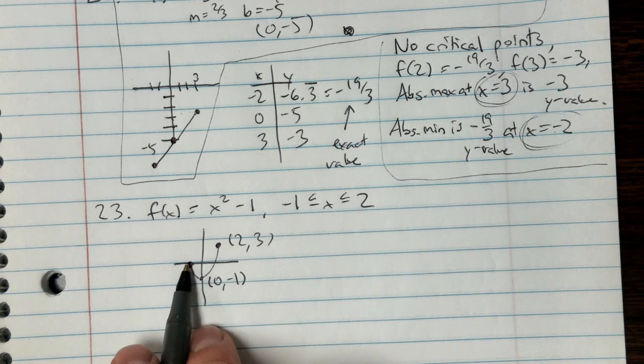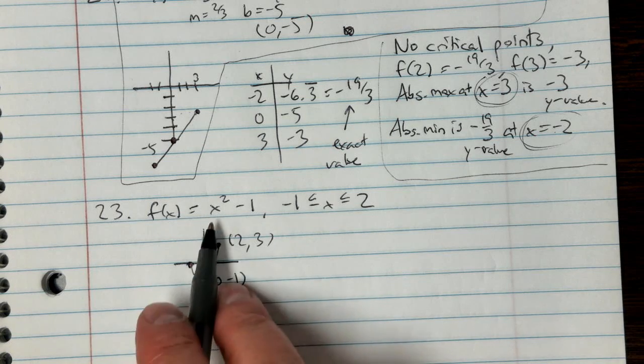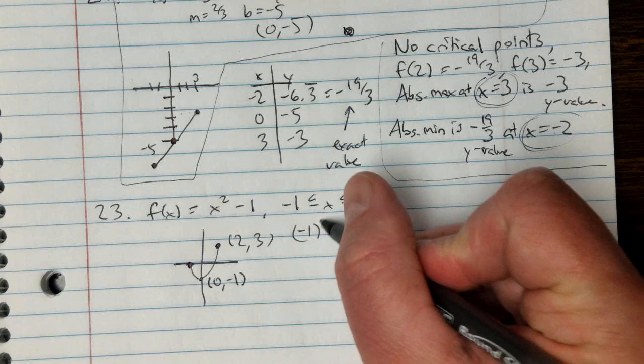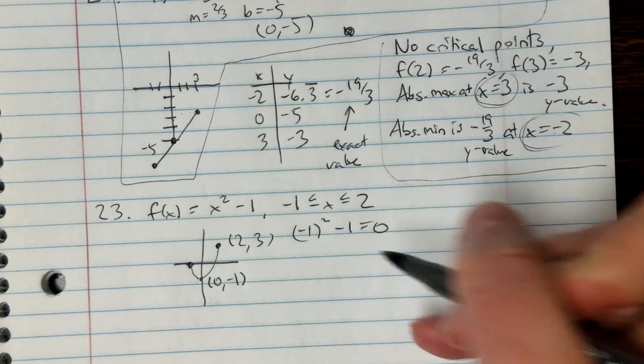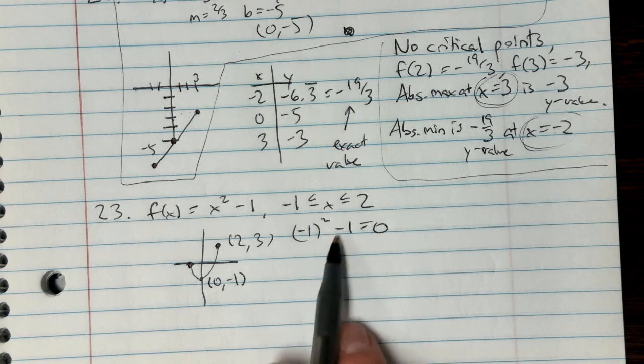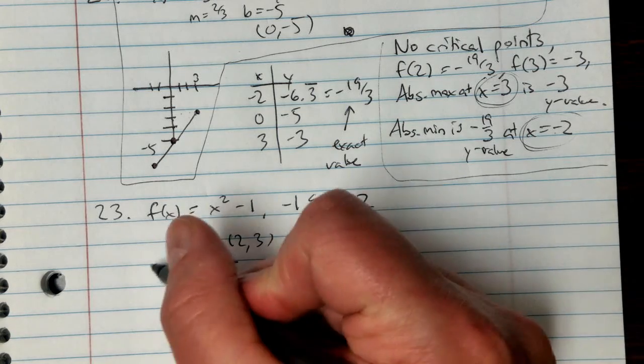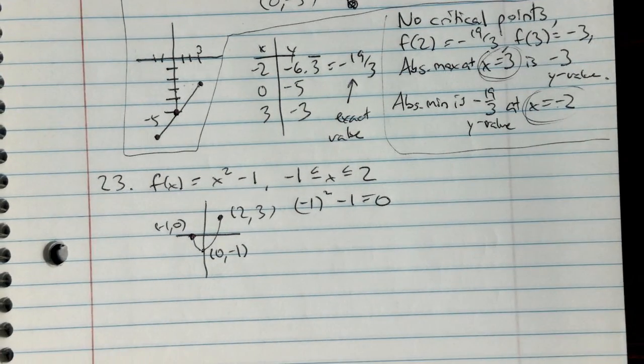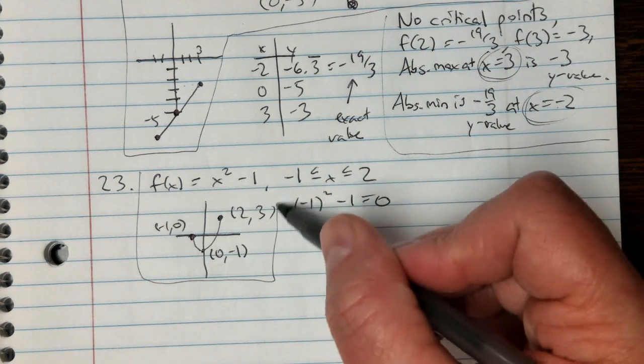And if we plug in negative 1, just remember that's equal to 0. You would have to have parentheses around it. So that's your values. So you definitely need your graph.